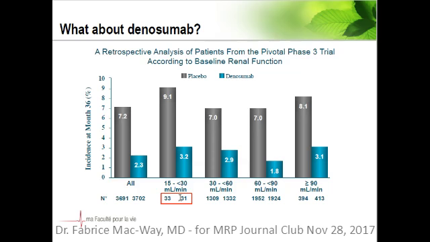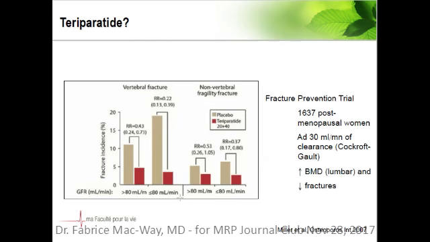Teriparatide, I've used teriparatide 2 times on my patients. I think there is a rationale to use teriparatide in patients with adynamic bone disease or low bone turnover disease. And again, with the same principles as bisphosphonate and denosumab, Paul Miller has looked retrospectively at the osteoporosis studies and concluded that teriparatide can be safely given to patients until 30 mL per minute.